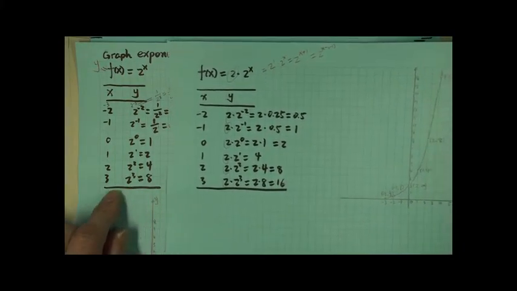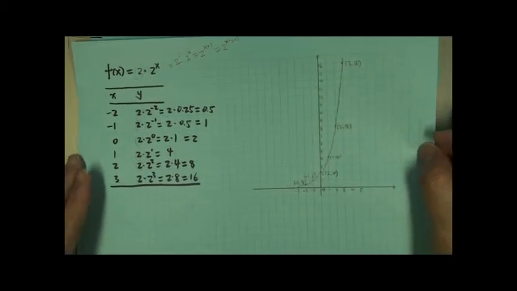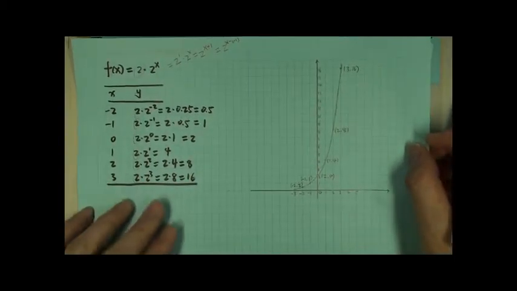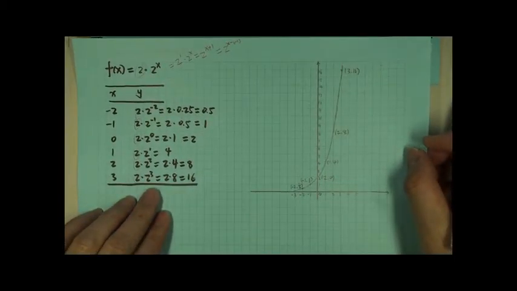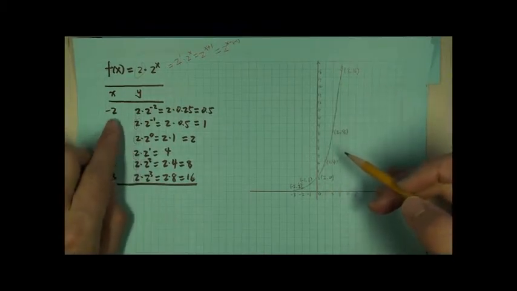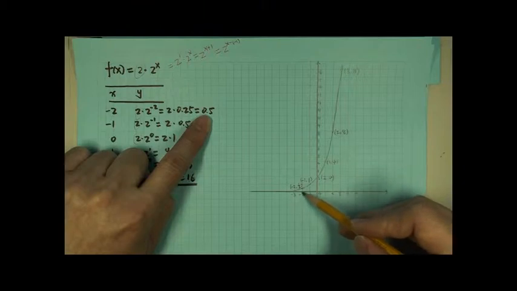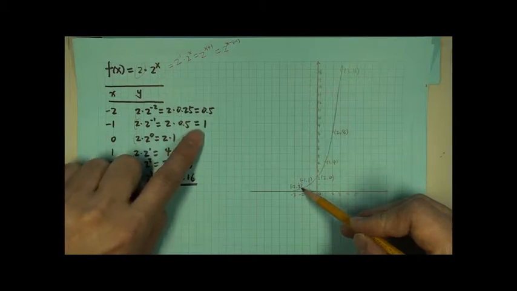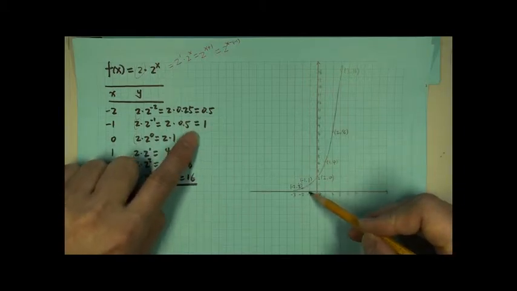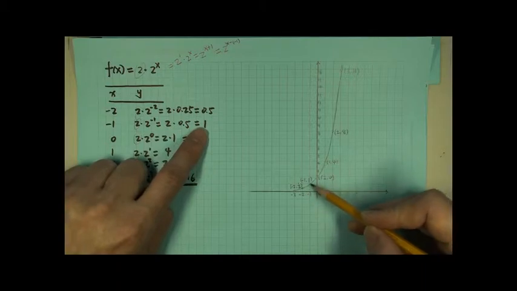So if you draw the picture, here you can see negative 2, 0.5, that's 1/2. The second point is negative 1, 1.